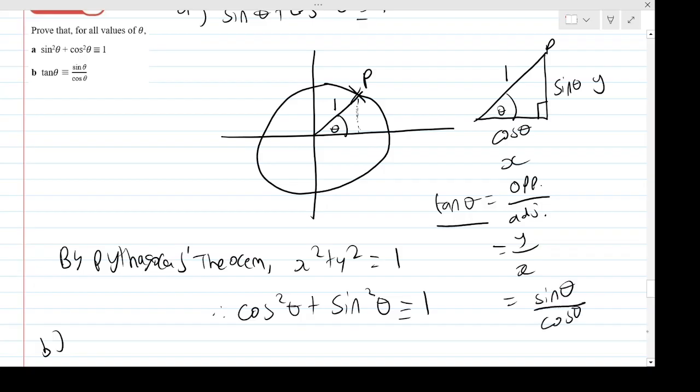Well, there we are then. So tan theta is going to be equal to sine theta over cos theta.